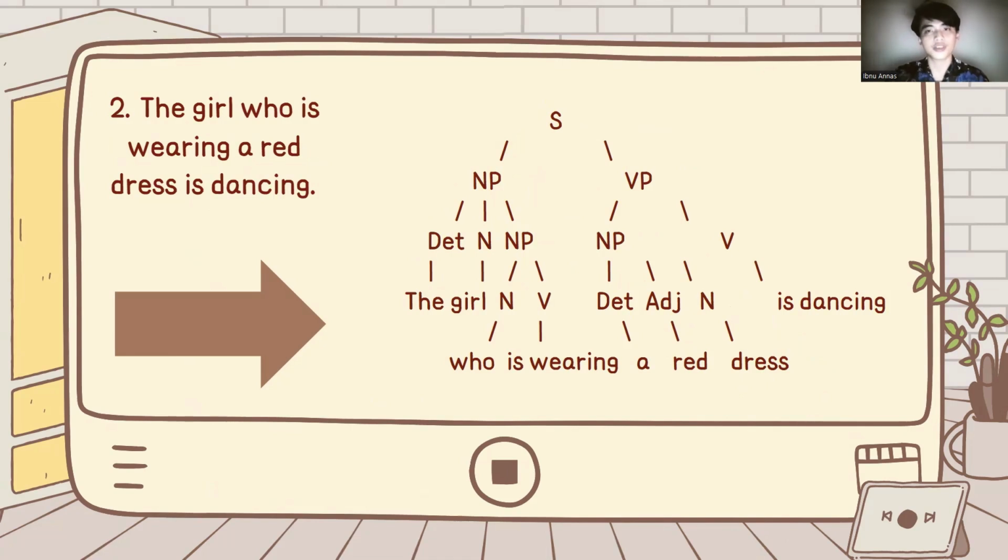So the deep structure revealed in this sentence contains two ideas: the girl is dancing and the girl is wearing a red dress. This tree diagram shows a relative clause describing the girl, the girl wearing a red dress, and the girl is dancing.